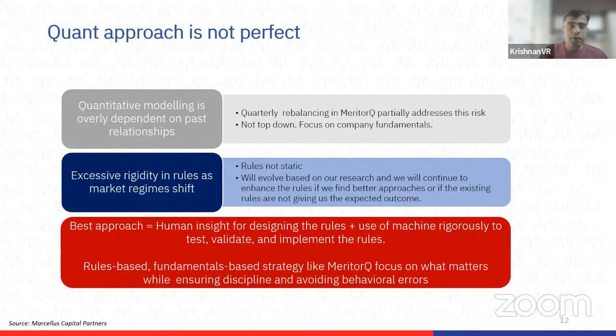Now what we have done in MeritorQ is to make sure that there are two things we are doing all the time. One is we are refreshing this portfolio, basis the rules, once in 6 months.